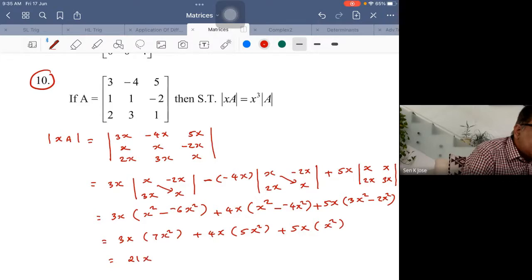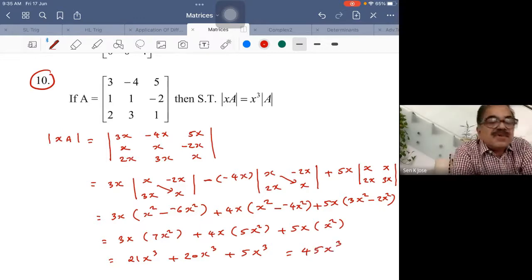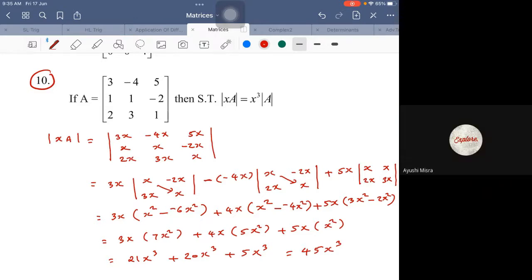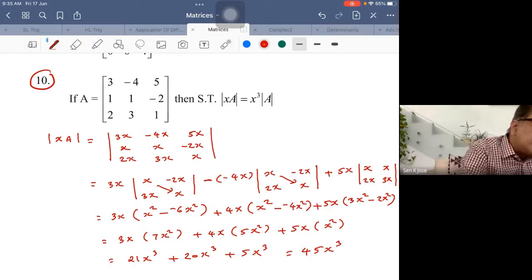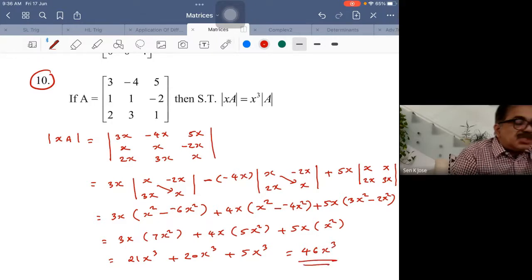That's 21x cubed plus 20x cubed plus 5x cubed. That is 46x cubed. Reina, is that what we get on the left-hand side? So 46. 45? Oh, yeah, it is 46. 46x cubed. That's the LHS.